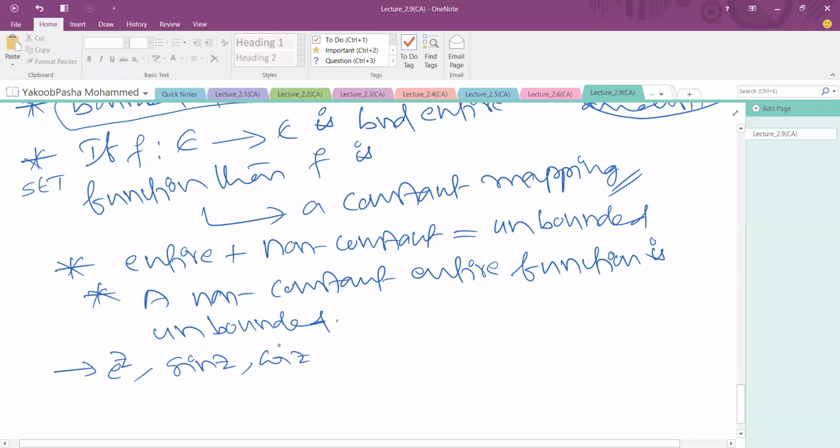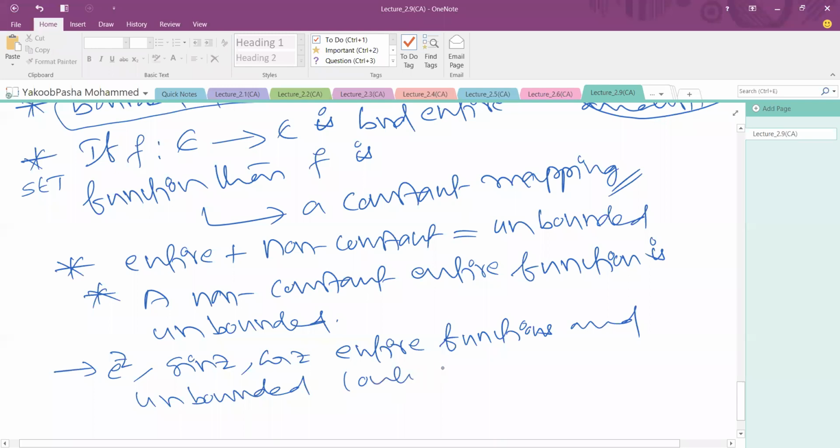Okay, these are entire functions but unbounded. So these are the examples: entire functions, and unbounded. Only entire.